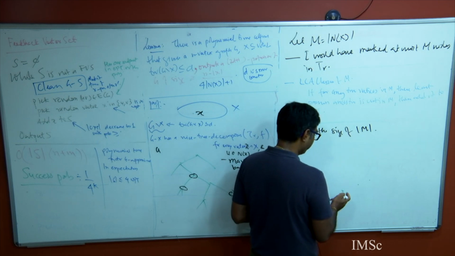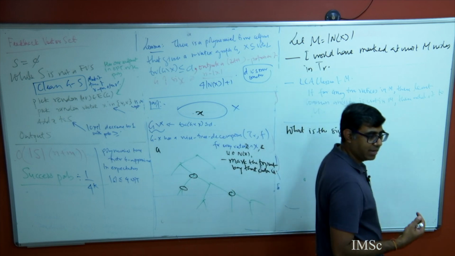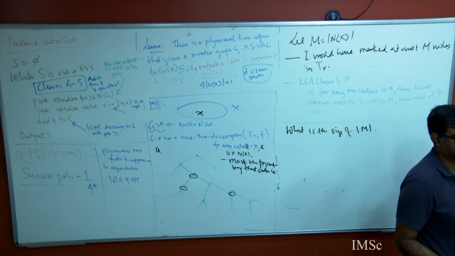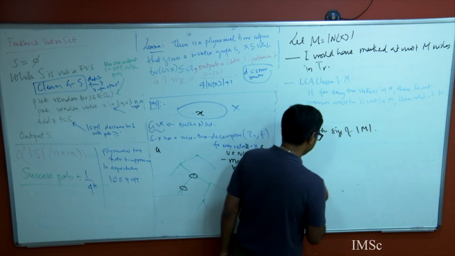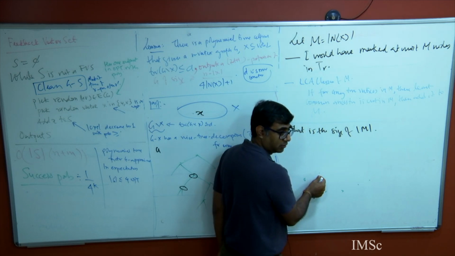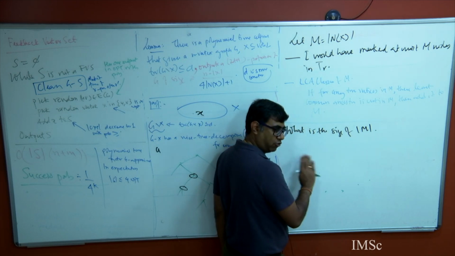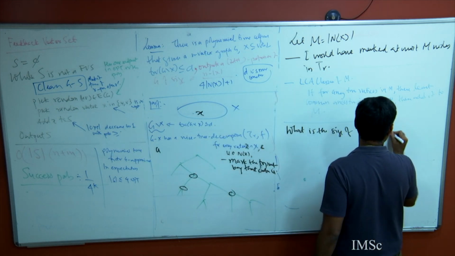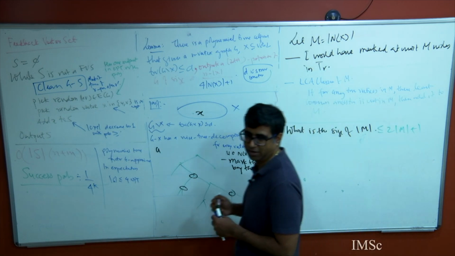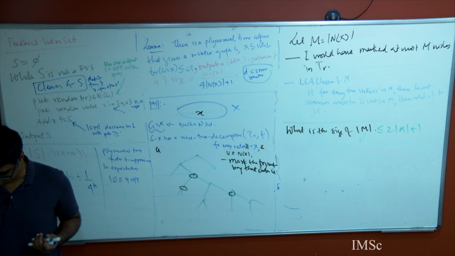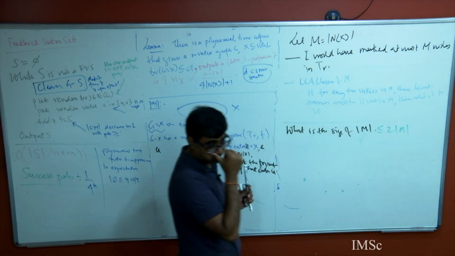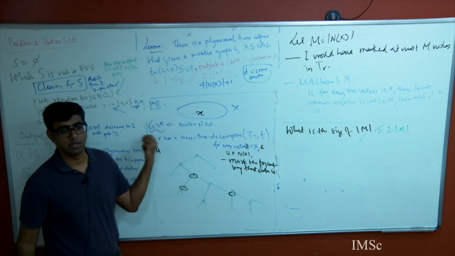Every time you will be adding at most half, because for each pair you have taken care of them. So by a simple counting argument you can show the size of M will be 2m plus 1 or something. You're right, it should be just 2m, not even plus 1. You can prove this for yourself: if you do this process, you will not mark too many things.